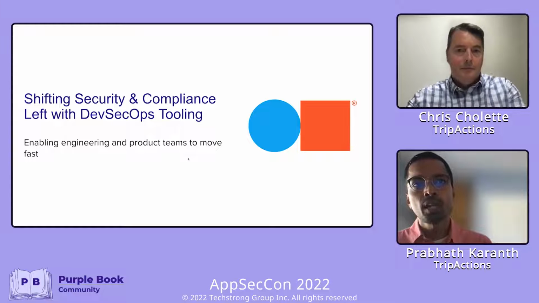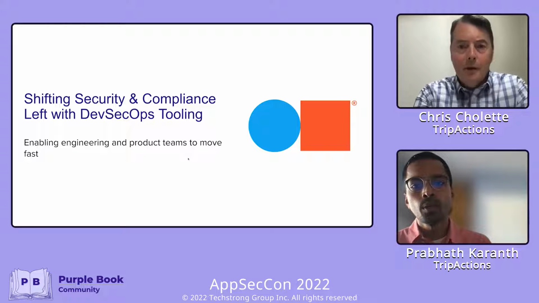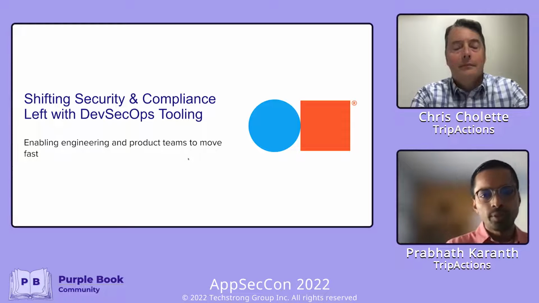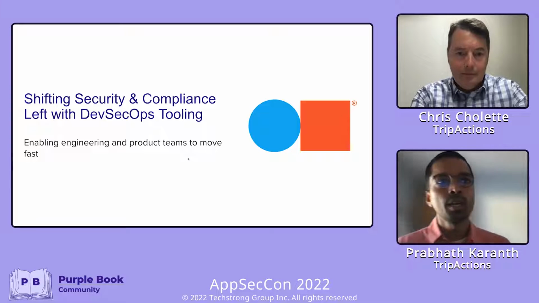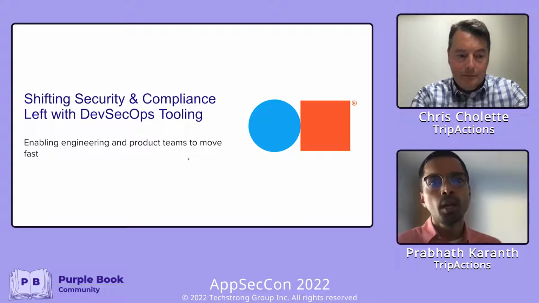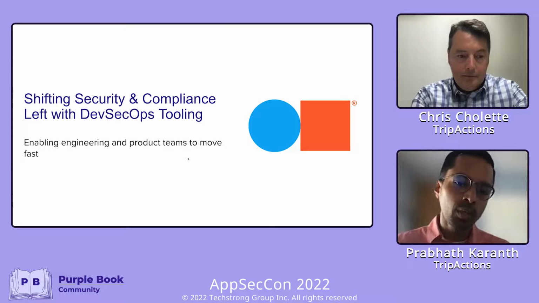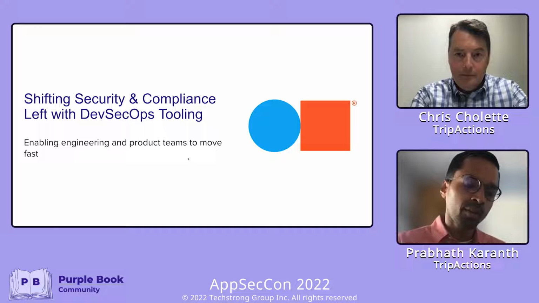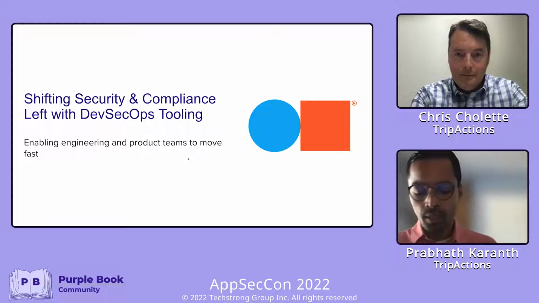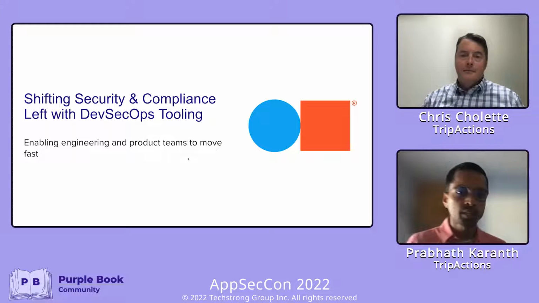And in a lot of scenarios there is some level of friction between the security tooling and practices and development practices. So today we are going to be talking about some of the best practices around how we can shift security to the left of the development cycle to enable engineering and product teams to move fast. That's the premise of this presentation.